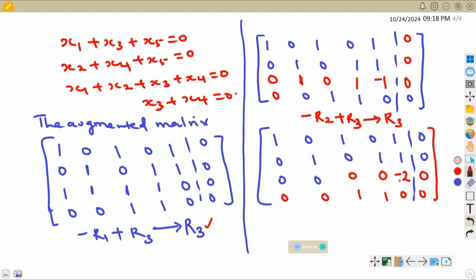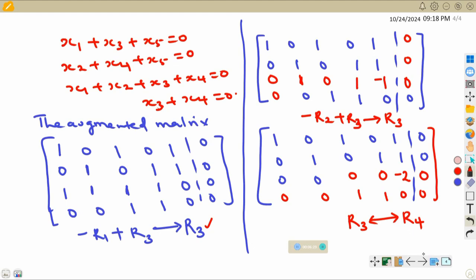Next, we can make some changes, because we are having 0, 0, 0, 0 here. So let us try to interchange row 3 and row 4, such that this one comes in the last row. So row 3 to become row 4 and row 4 to become row 3.